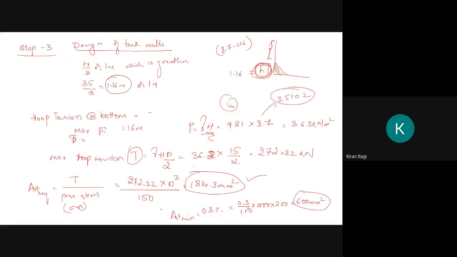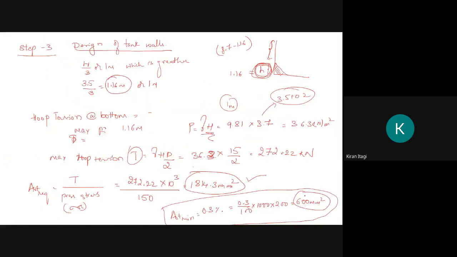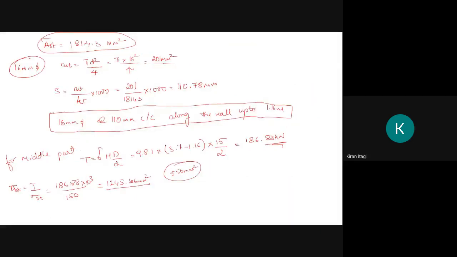Minimum we have got is 600, which is lesser than the required one. So suppose if you get this as 550 mm square, then you should not provide 550 mm. We should provide the minimum AST, that is 600. But we have got 1245.86, so we will provide this AST.